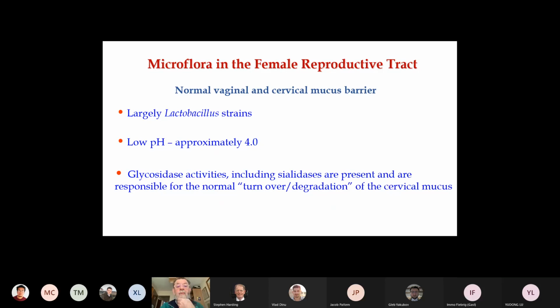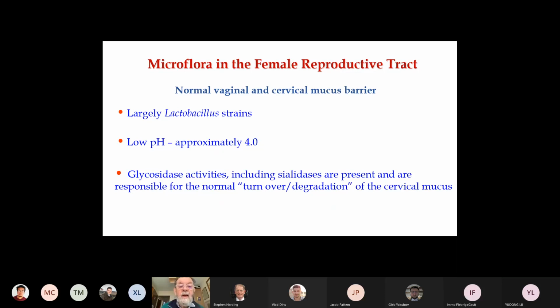Okay, so if we now move to the female reproductive tract, we carried out a number of studies with this. We looked at the normal vaginal and cervical mucus barrier, and we looked at the microflora that is present. Under normal situations, the majority of the microflora are lactobacillus strains.